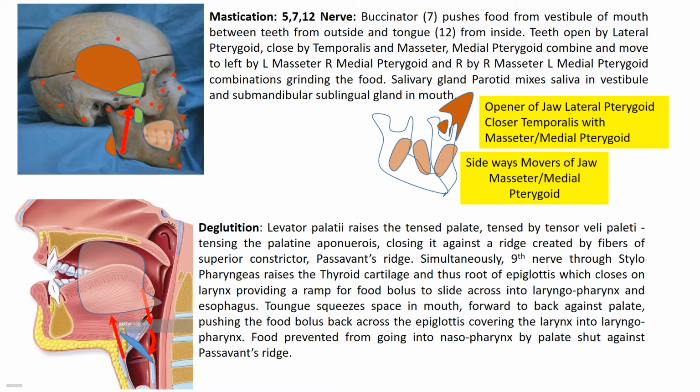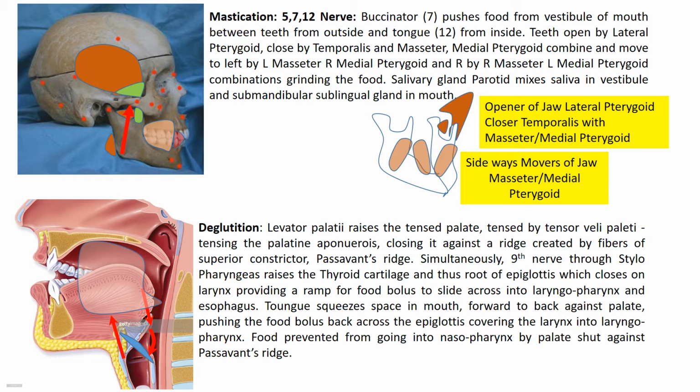Now, the masseter of one side and the medial pterygoid of the opposite side will pull the jaw towards the same side, and exactly opposite. So the jaw moves from side to side, causing a grinding movement while it closes.